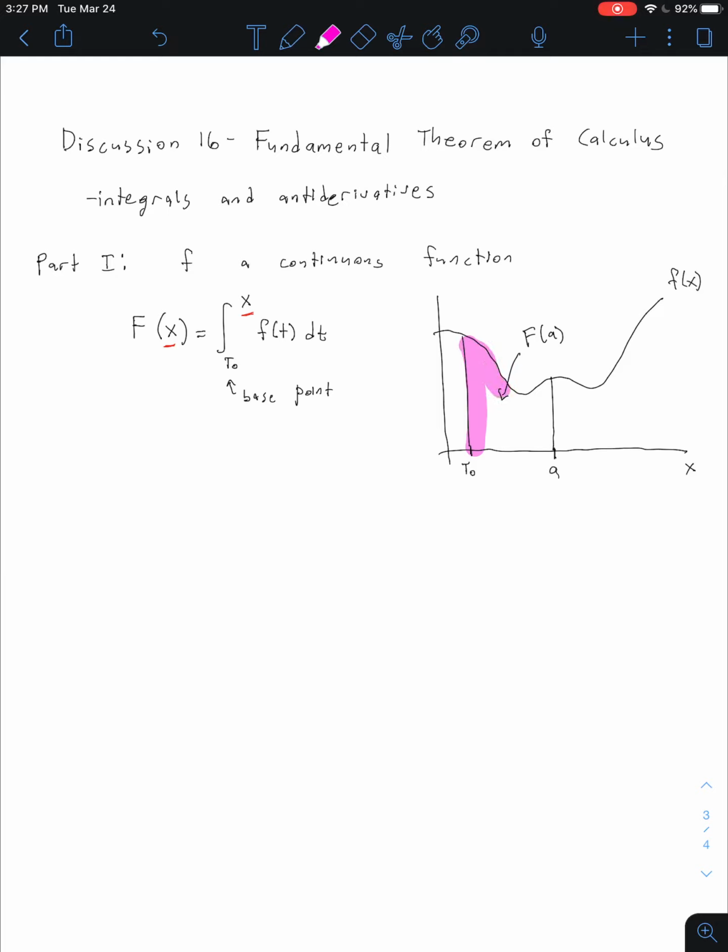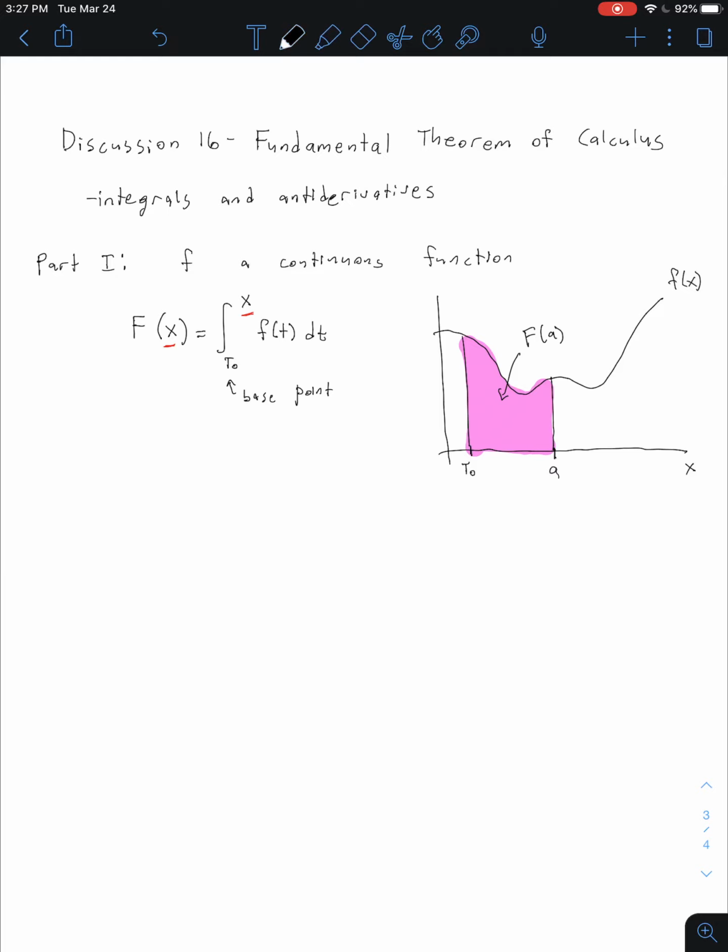So it's going to be this pink area that I'm shading in right now. So given any x value, this function capital F is going to shade in one of these pink areas between little f and the axis and return the area.